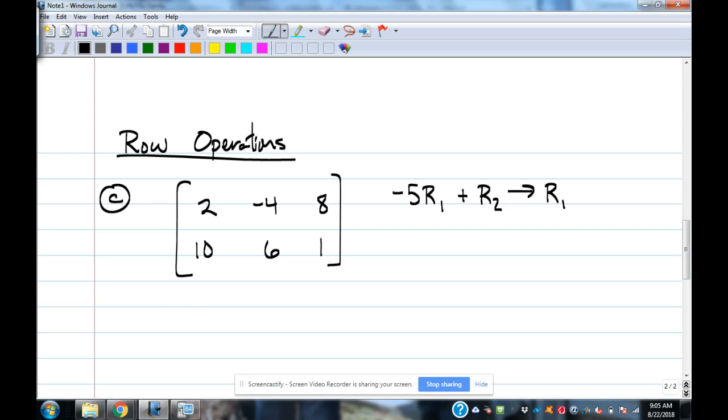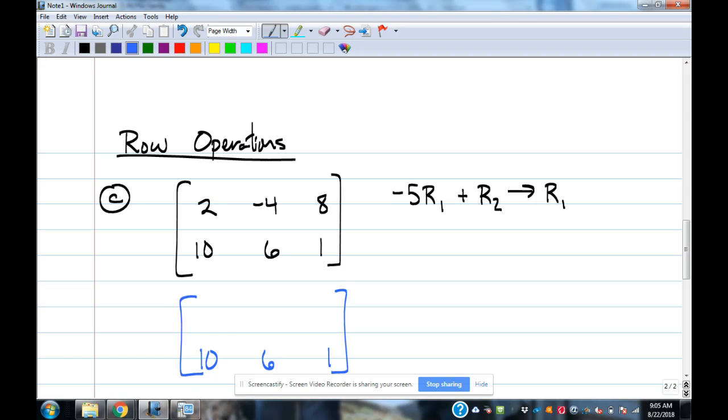Okay? So to do that, which row is not changing? Row 2. So when I go to write my answer, I'm going to just copy row 2 to start off with. 10, 6, 1. It's not changing because the arrow said change row 1 only. It's never going to say change 2 different rows at the same time.